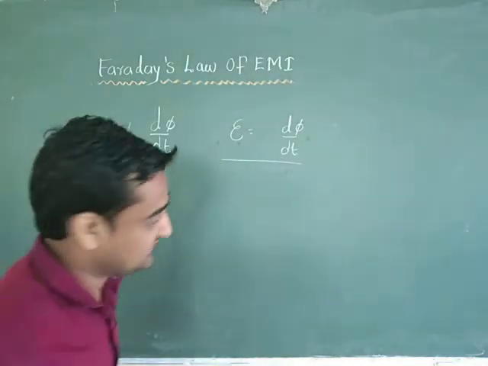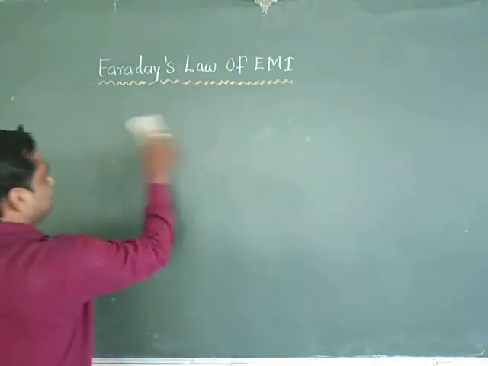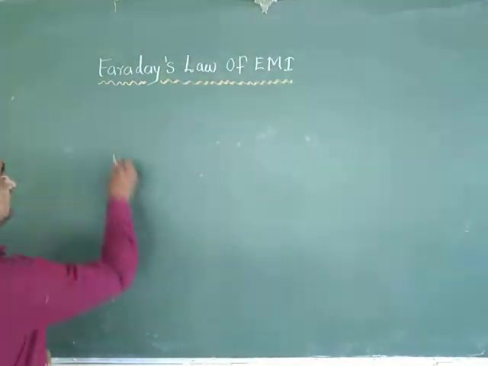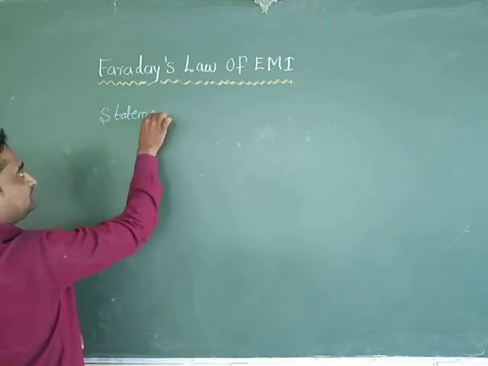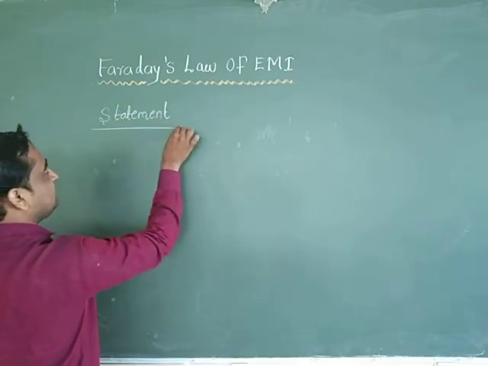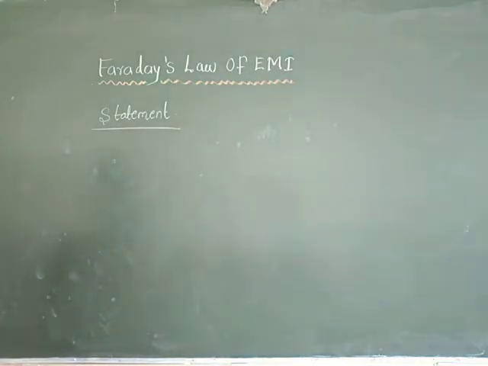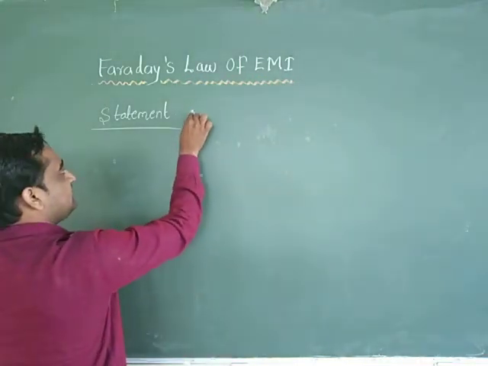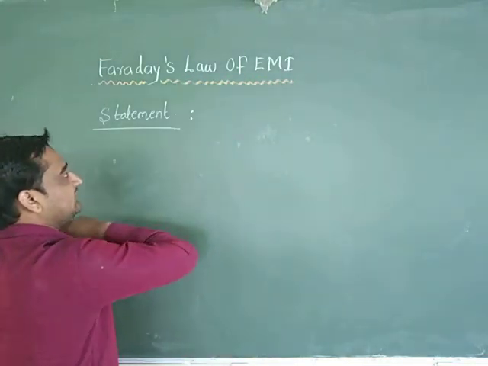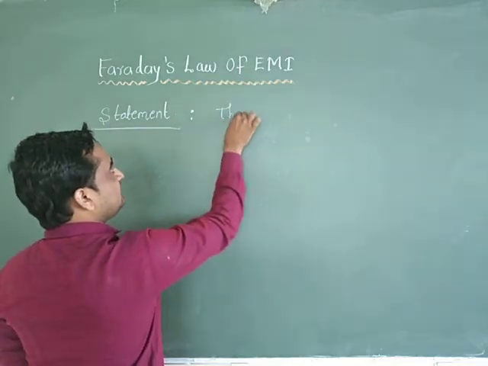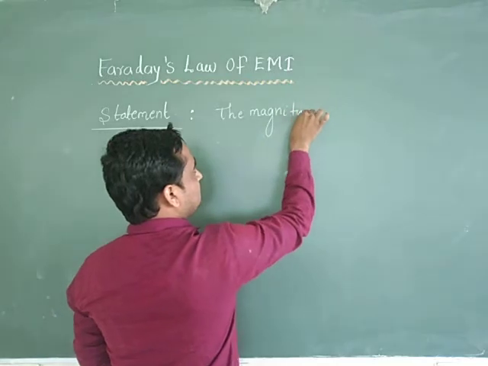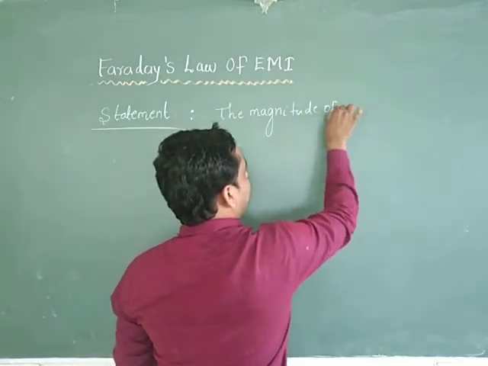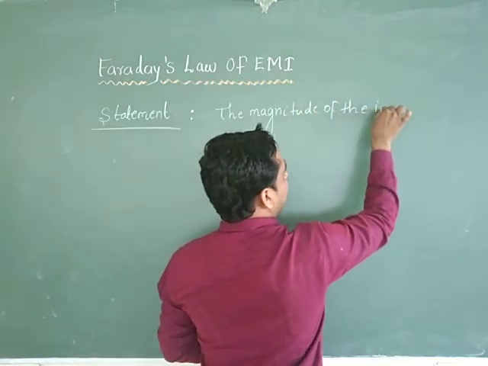So let us write the statement here. There will be a 1 mark portion, or 'state and explain Faraday's law of electromagnetic induction' for 2 marks. So what is the statement for Faraday's law?